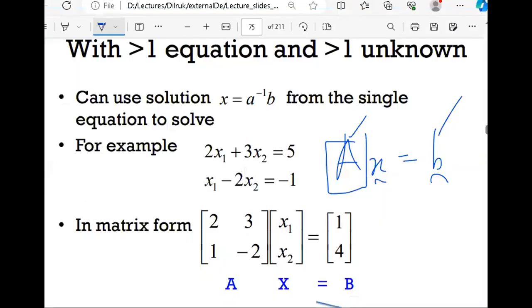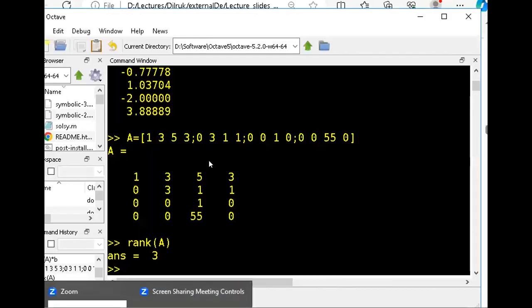When this is the case, there are two possibilities. Either the system has infinitely many solutions or no solution. That depends on your right hand side.